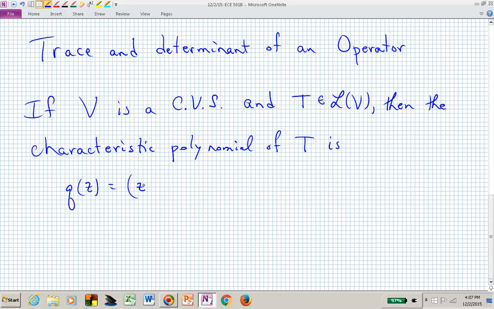This is then z minus lambda 1 raised to the appropriate multiplicity. If it's not repeated, d sub 1 is 1. Z minus lambda sub 2 raised to the d sub 2, etc. And then z minus, let's say that we have m distinct eigenvalues, z minus lambda sub m raised to its multiplicity d sub m.